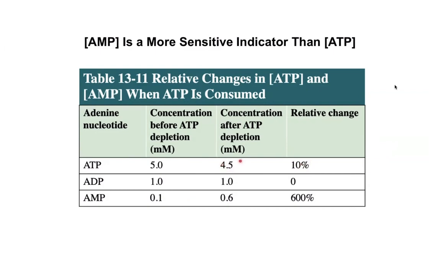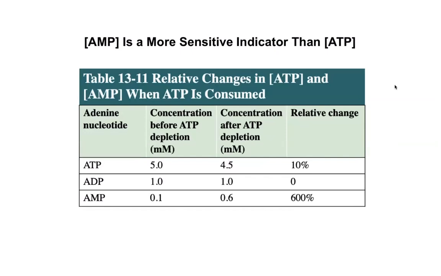But if we converted that 0.5 millimolar into AMP, we go from having 0.1 millimolar of AMP, since we normally don't have that much, to 0.6 millimolar, which is a 600% change. And so by having molecules that respond to the concentration of AMP, we can help regulate the making of more energy.